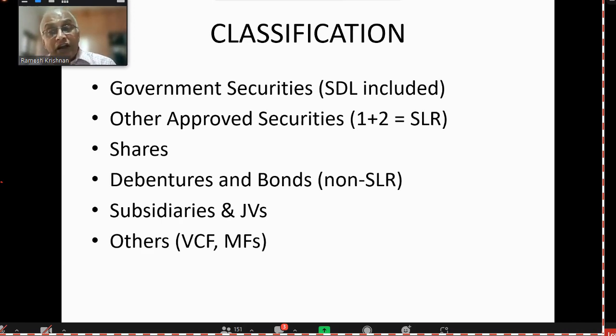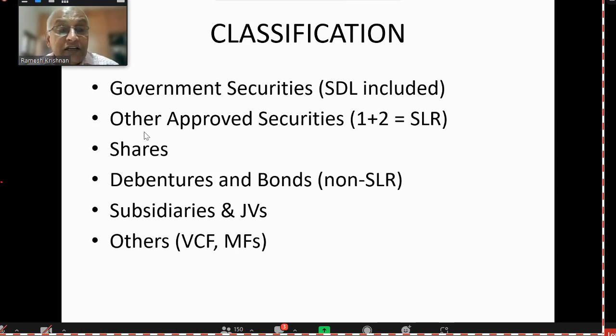What I wanted to clarify now is that the appreciation in one share you can knock off against the depreciation in another share. The appreciation in one mutual fund, you can knock off against the appreciation or depreciation in another mutual fund.